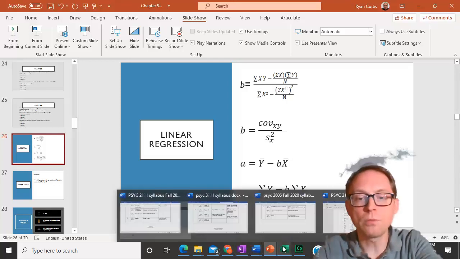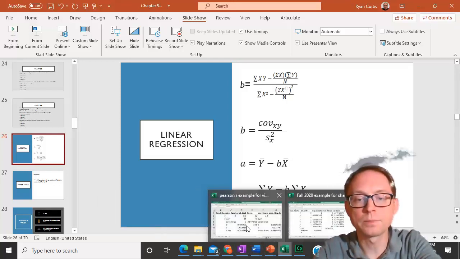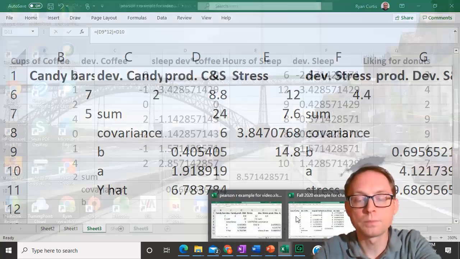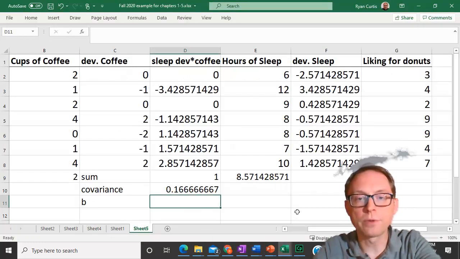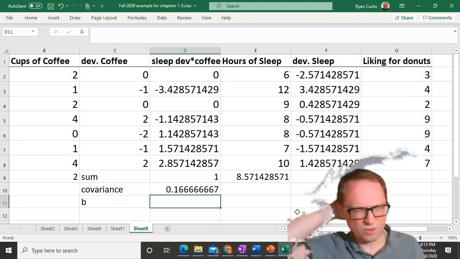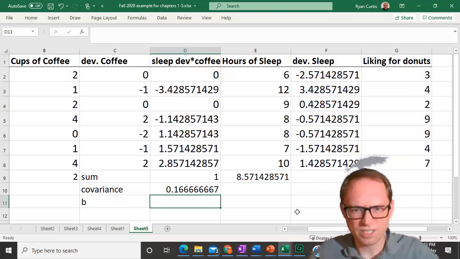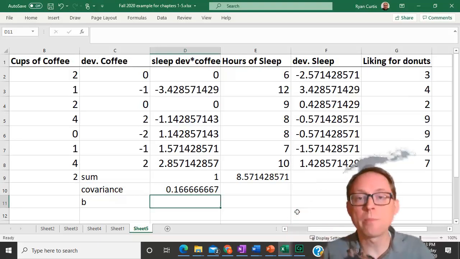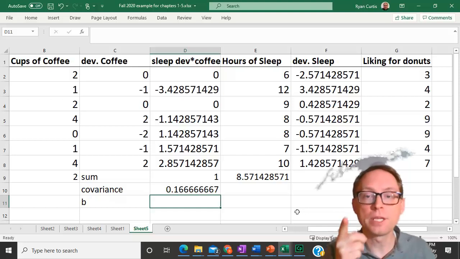So let's go back to our data. And for this, we're going to have to remember what was x and what was y. Now remember, x is the thing that I give you the exact amount of.